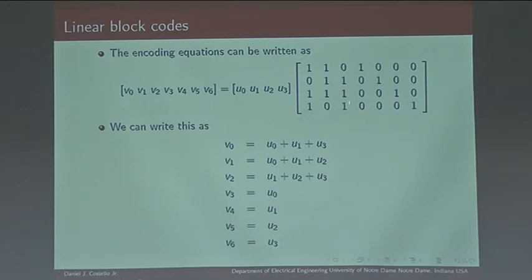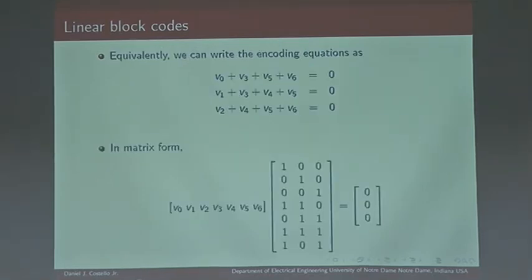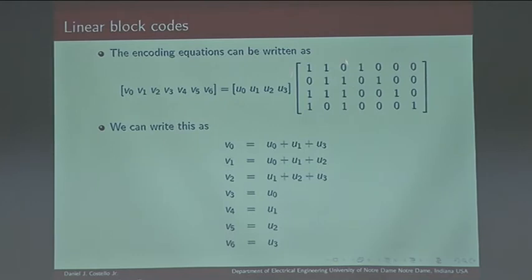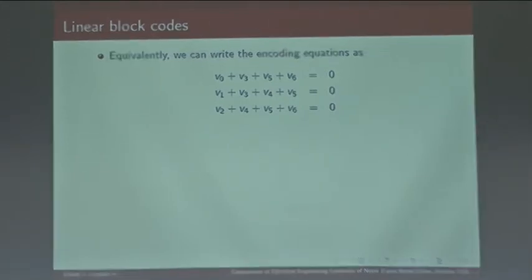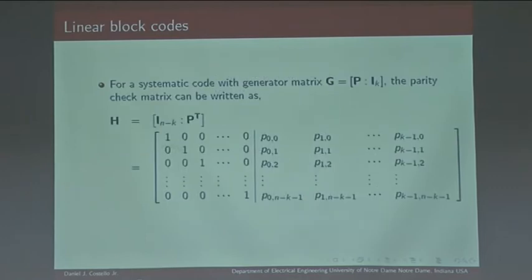That's the first 2 rows of the generator matrix, and the other 2 are the same also. So this lower part of this H transpose matrix is actually the left part of this generator matrix. This is all when the matrices are in systematic form. The code is in systematic form.